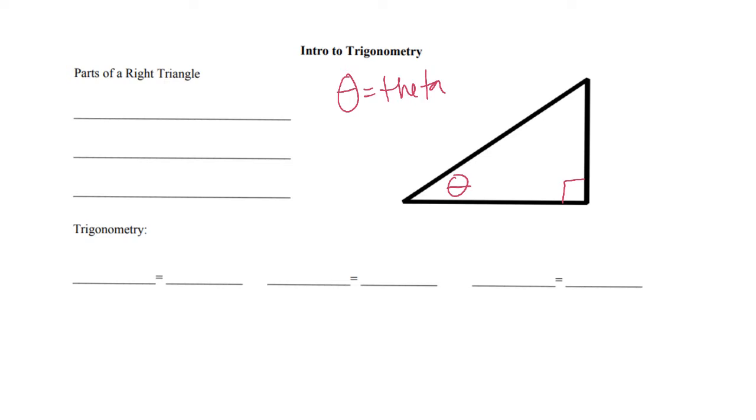So there's actually three parts to your triangle, using theta as your reference angle, or the angle we're talking about. You have the opposite side, the side across from the angle.